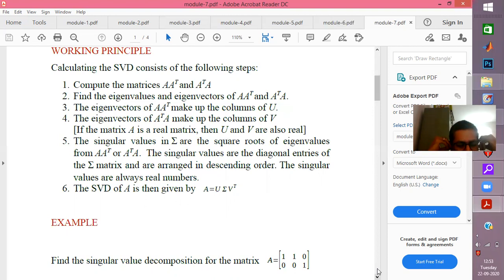It is suggested that the singular values are arranged in descending order. Then finally write the SVD.